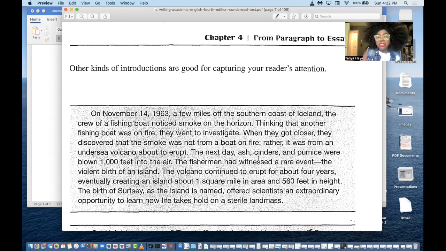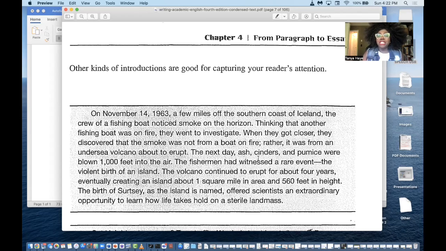When they got closer, they discovered that the smoke was not from a boat on fire. Rather, it was an undersea volcano about to erupt. The next day, ashes, cinders, and pumice were blown 1,000 feet into the air. The fishermen had witnessed a rare event, the violent birth of an island.